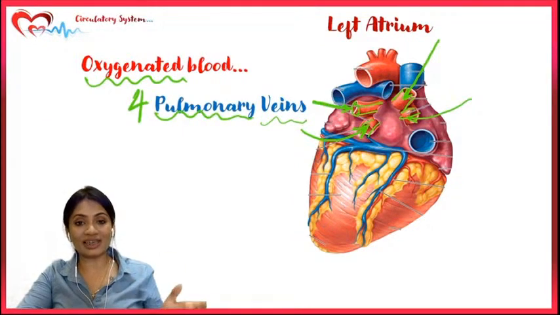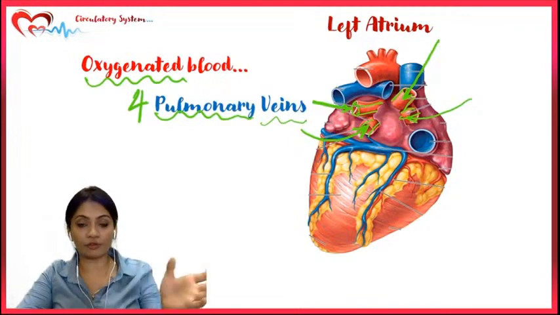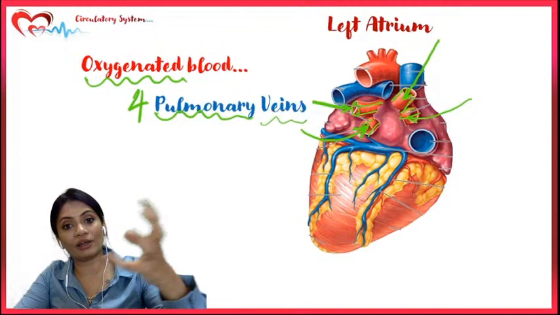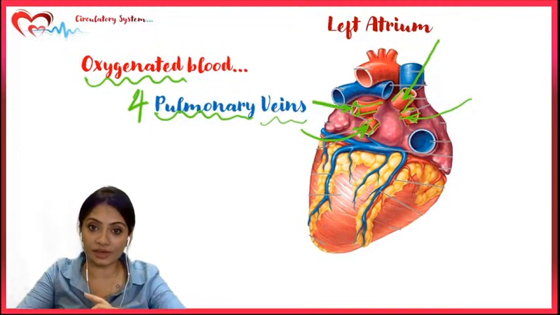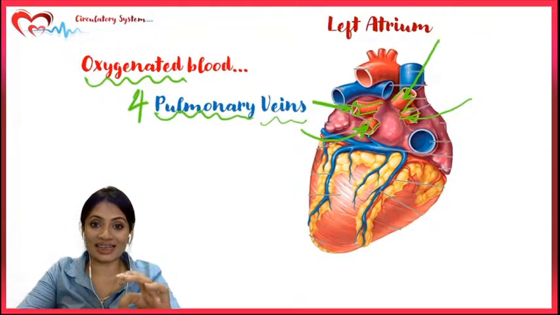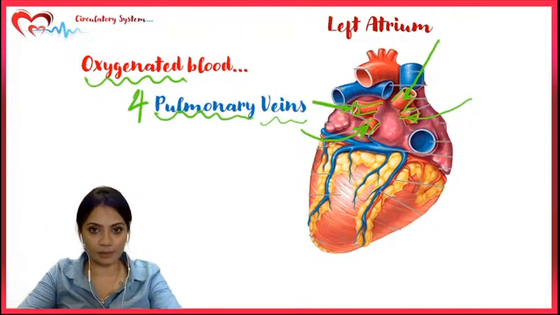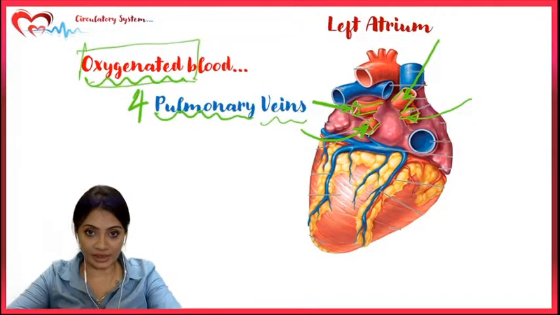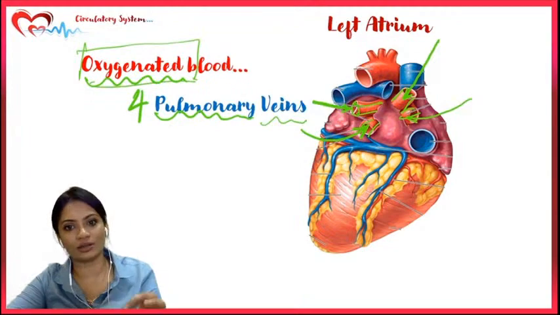Any structure which takes blood away from an organ is called a vein. So this is in fact an exception to all the veins in our body: it is the only vein carrying oxygenated blood, whereas all other veins carry deoxygenated blood.